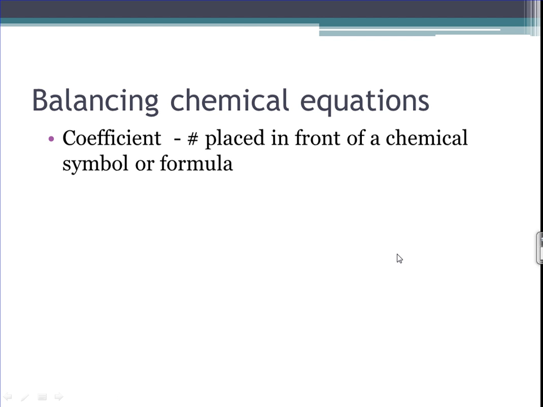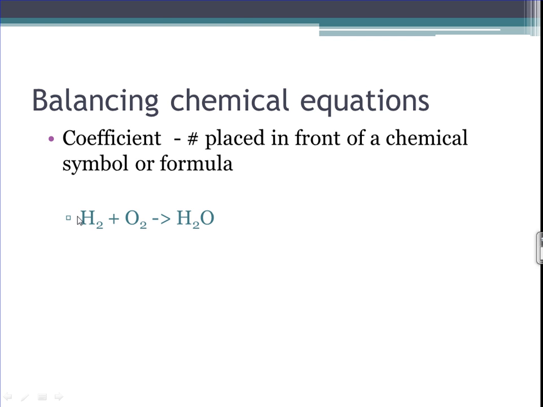So remember that we have to make sure our chemical reactions, or our chemical equations, are balanced. So we're going to use that coefficient, that number placed in the front of a chemical symbol or formula, to make sure that the number of atoms on one side of our equation equals the number of atoms on the other side of the equation. Here's what I mean.